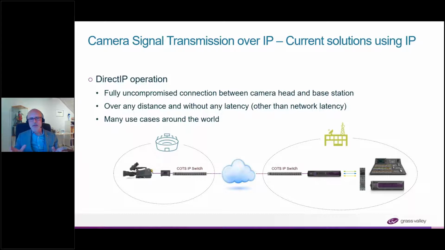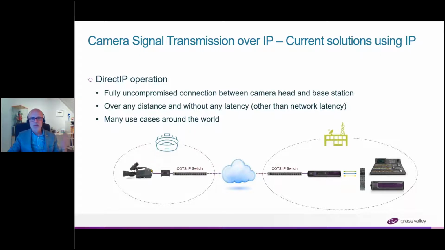There are many use cases around the world using this technology already for a couple of years. For example, the largest ever fully remote sport event was a ski championship, the World Championship for ski early last year in Sweden, where 50 full-size cameras, 13 of them running in high speed, were connected over a 600-kilometer distance to the camera base stations based in Stockholm, while the cameras were up in the north of Sweden in the mountains doing all the shooting.